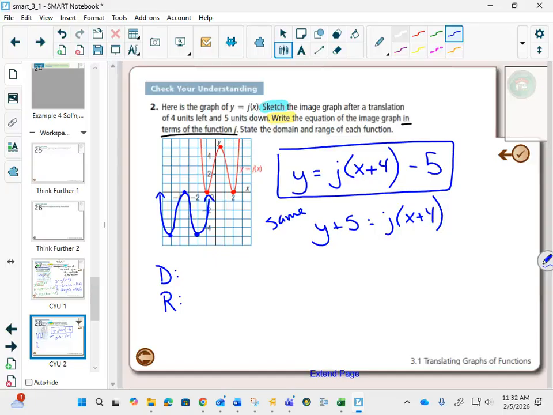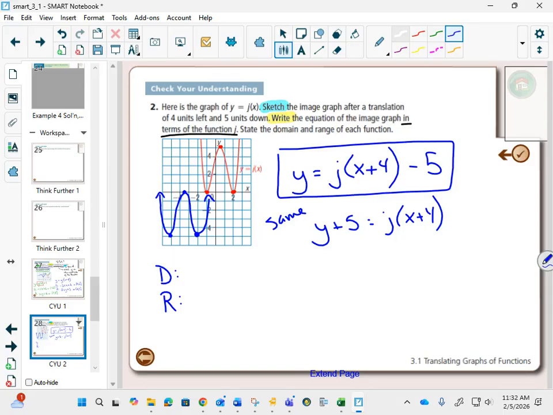This is kind of hard sometimes to see. This arrowhead, what does it mean? It means it's going up forever, but it's also going to the left forever. As it goes up, it goes to the left. Same thing on the right-hand side. As it goes up, it goes to the right. So there is no smallest x value, no biggest x value.